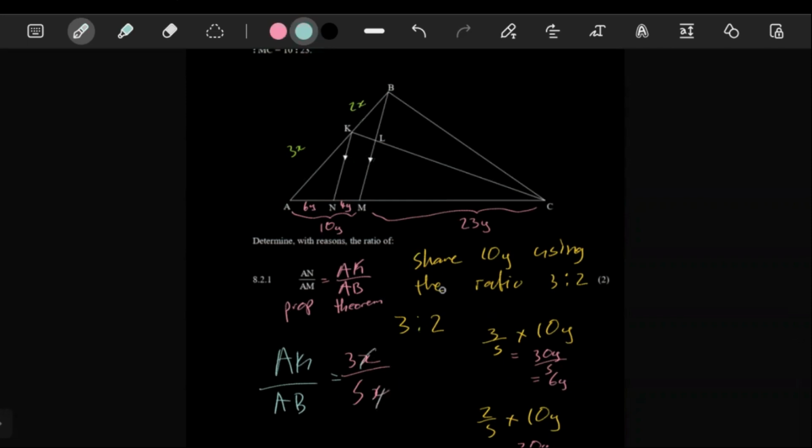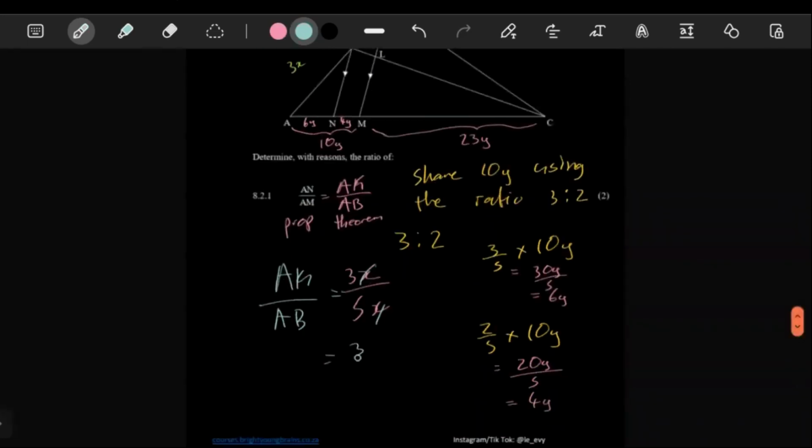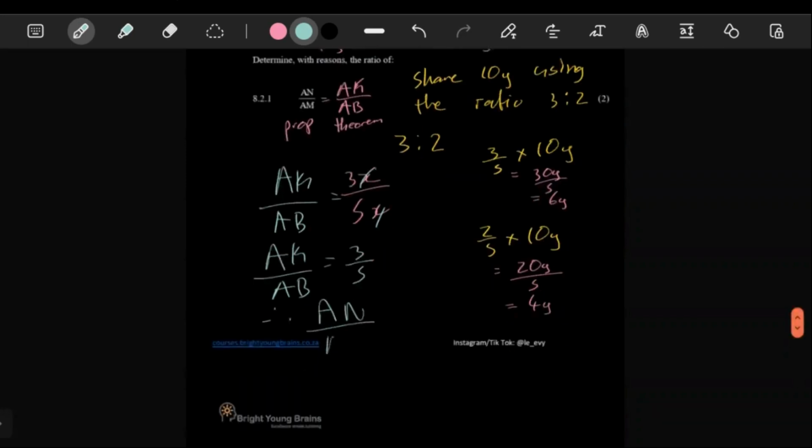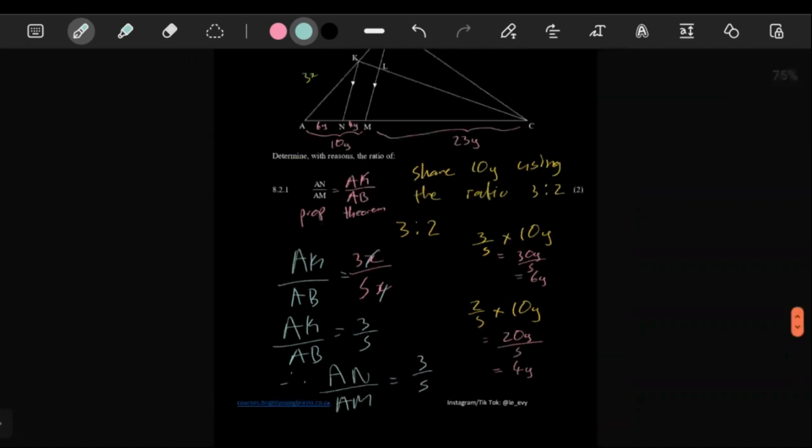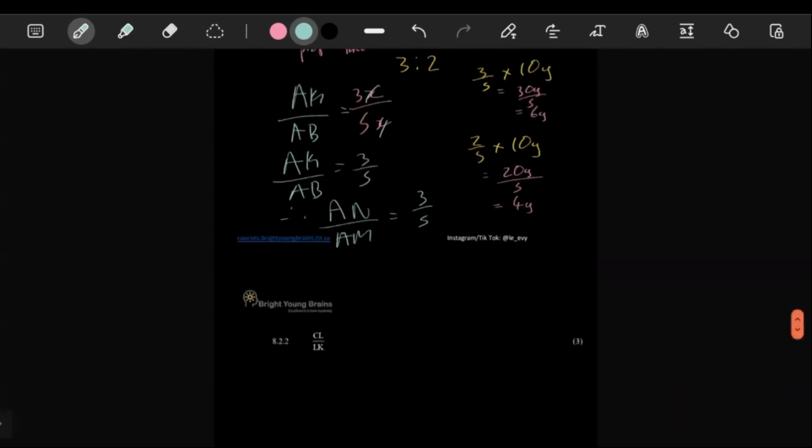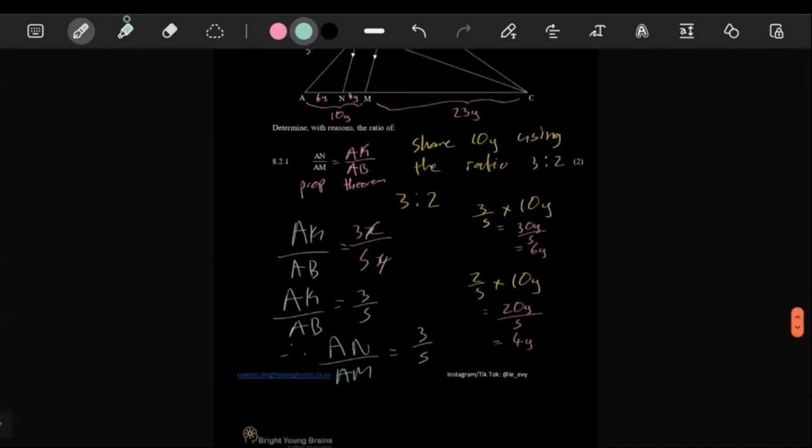Here you can see the x cancels, which is just equal to 3 over 5. Therefore, AN over AM is 3 over 5. I guess all this was just extra. We might as well even remove it, but we can leave it for the next question.